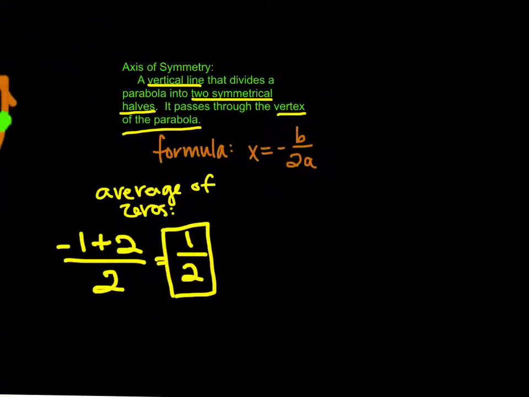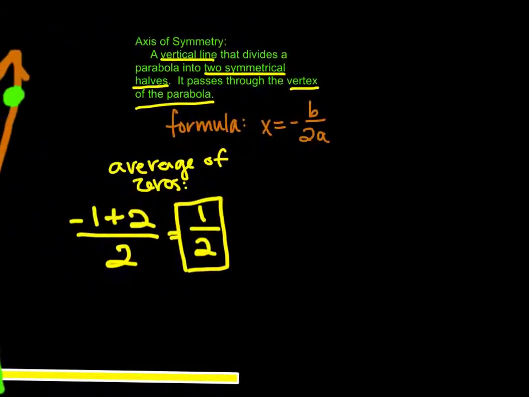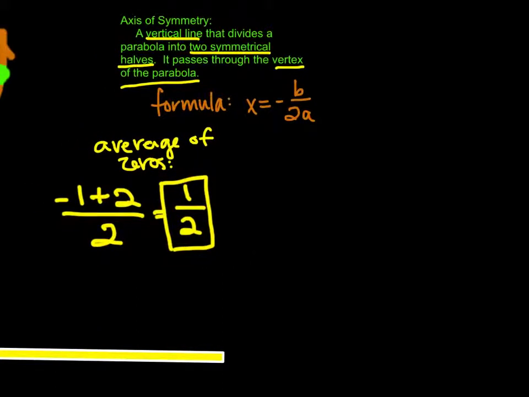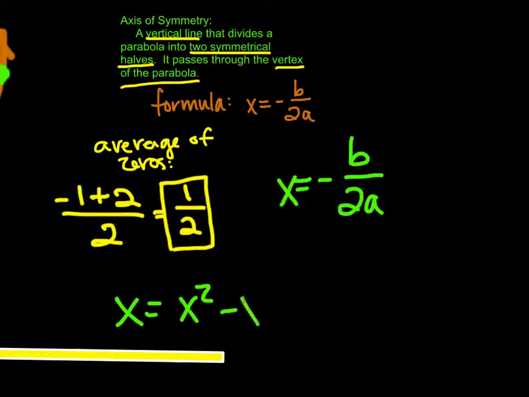Now let's actually do it with the formula and see if we get the same thing. Sorry, technical issues. The formula is x is equal to -b over 2a, and if we had our original equation, y is equal to x squared minus x minus 2, then we need to identify our a and our b terms. Our a term is this invisible number 1 out in front of the x squared, and our b term is a -1 in front of that x.